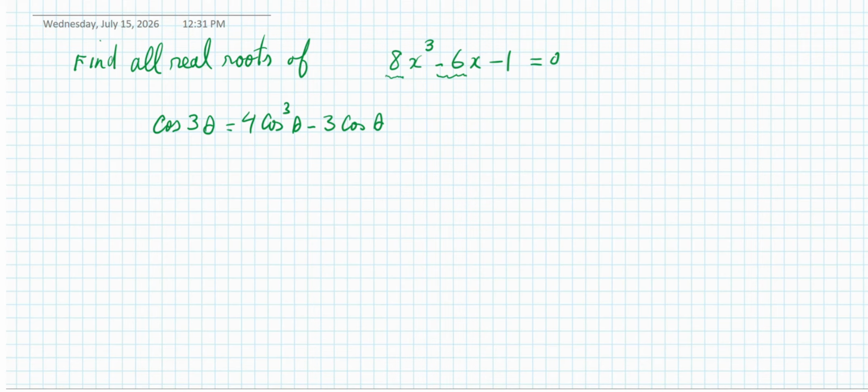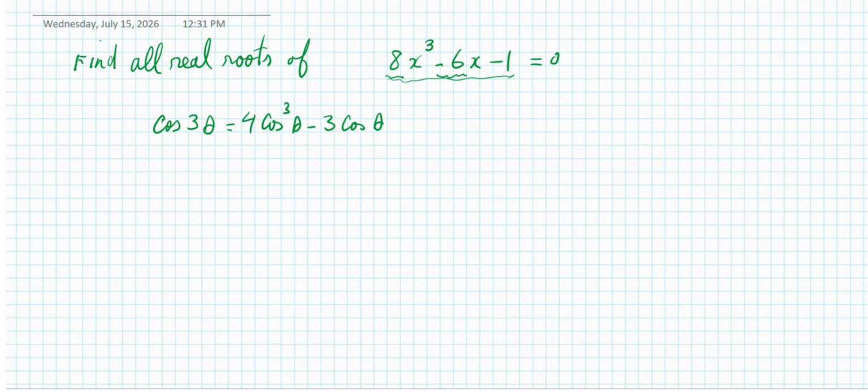Now, to prove this, we need to prove that the solution of this equation is x between minus 1 and 1. To check on that, we find f of minus 1.